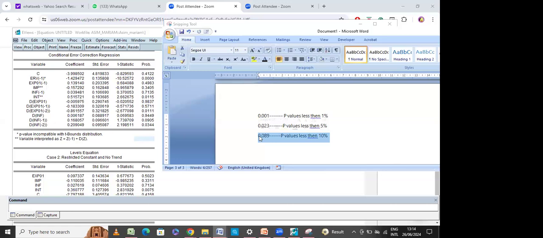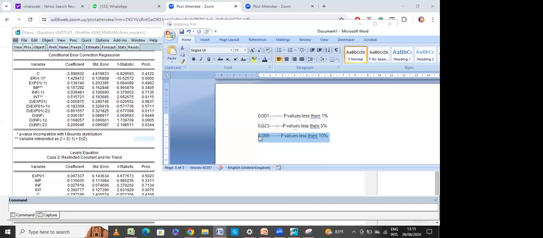I can give you a small example of how you need to validate your economic theory. For example, human development index always increases economic growth, always positively impacts economic growth. But let's suppose that I have my human development index value in the negative form.